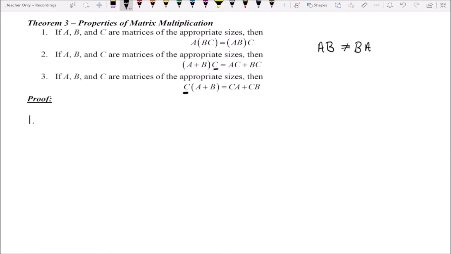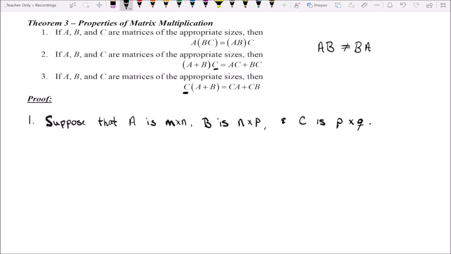All right, so we're going to have to define several matrices first. So let's say first A is of size m by n, B is of size n by p, and C is of size p by q.